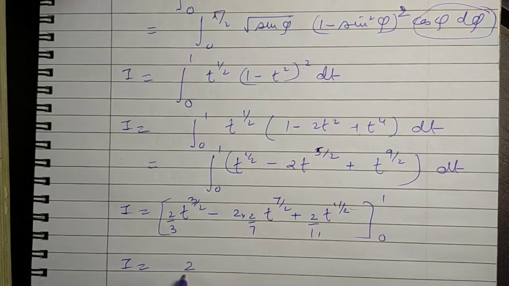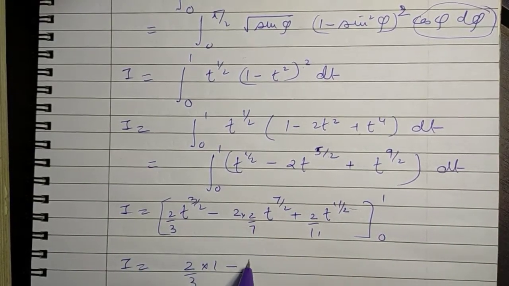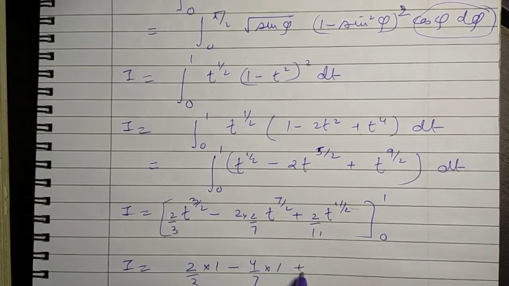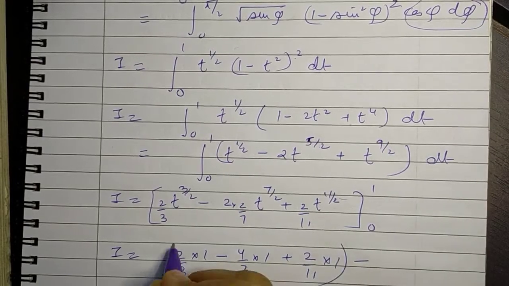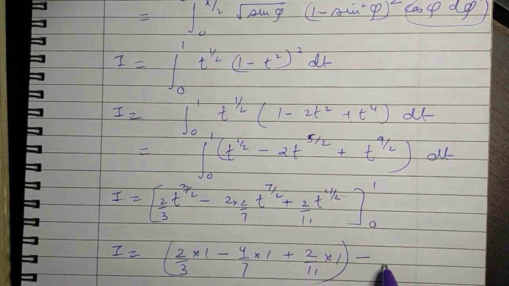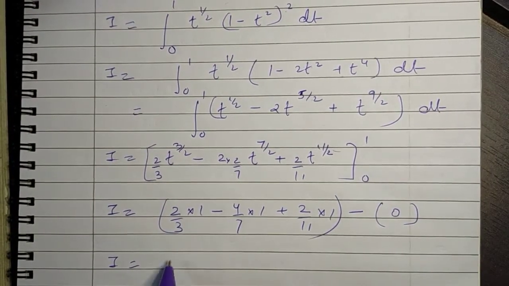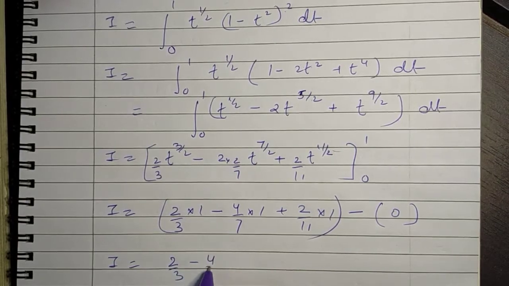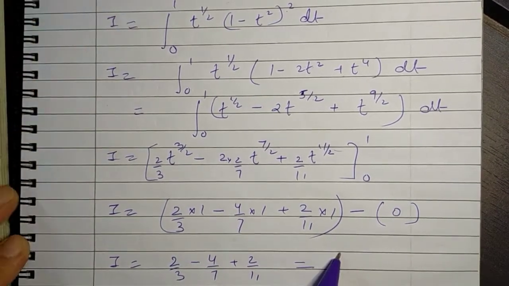The answer comes out to be 2 by 3 into 1, minus 4 by 7 into 1, plus 2 by 11 into 1, when we substitute the upper limit, minus when you put t equal to 0, all of this becomes 0, and you can just simplify it as 2 by 3 minus 4 by 7 plus 2 by 11, which can be easily solved.